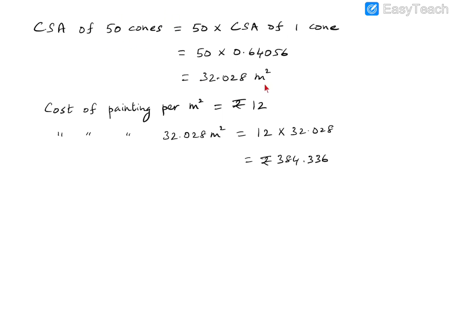And then we multiplied the total area of all the 50 cones with the cost of painting per meter square, which is given as 12. That product gives us the cost of painting all the 50 cones, which happens to be 384.336 rupees.